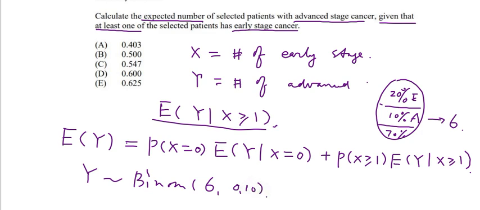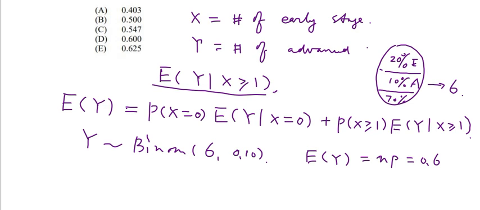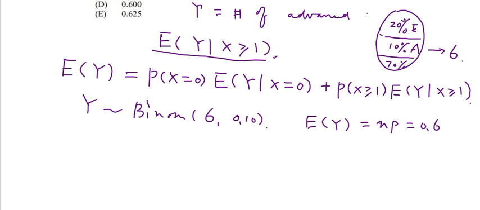Okay, so this E[y] is very easy. E[y] equals np, so equal 0.6. Now how about P(x equals 0)? That is easy, right? What is x equals 0?